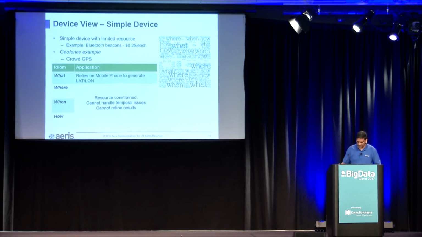We talked about different views of it, right? The first view for applying the idiom is the device view. Like I mentioned earlier, there are different types of IoT devices. It can be a very simple device, typically costing 20 to 25 cents each.